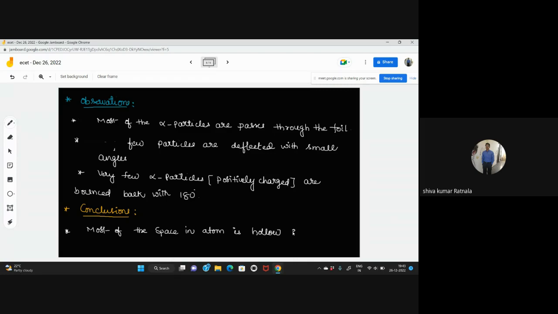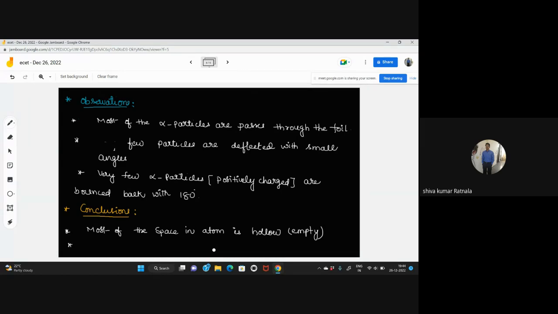Hollow means empty. Whenever there is empty space, only then are particles going to pass through. So from that, he made this point.